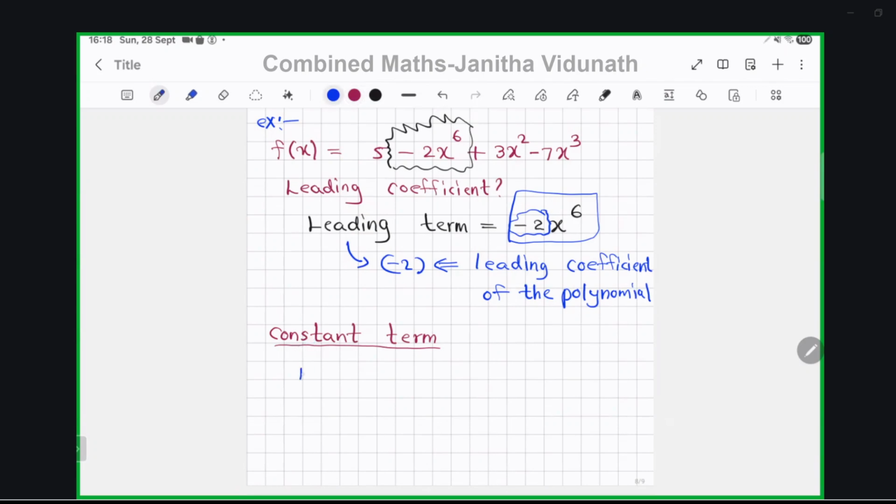Under that topic, write down: the constant term is the term with no variable.